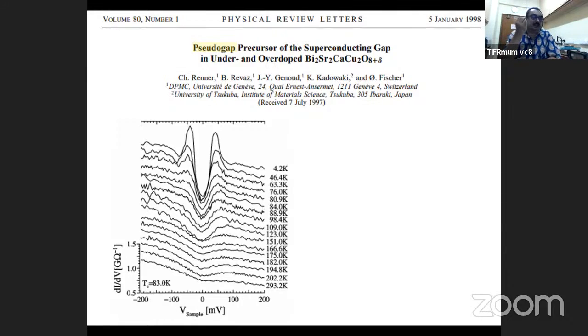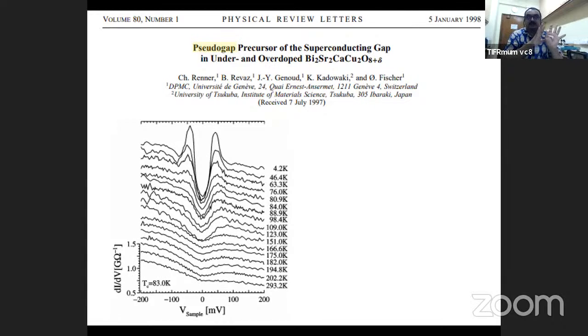Even that per se doesn't explain why the transition temperature ought to be this high. And there is no consensus yet that has emerged. There are various fanciful theories like resonance, valence bond, and so on, but none of them really provide a cogent explanation of all the properties, including the high transition temperature.